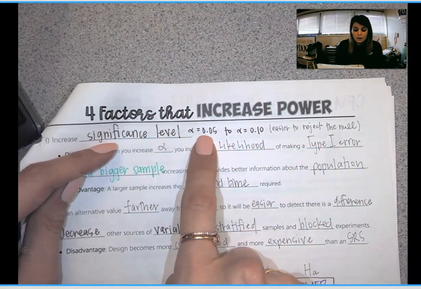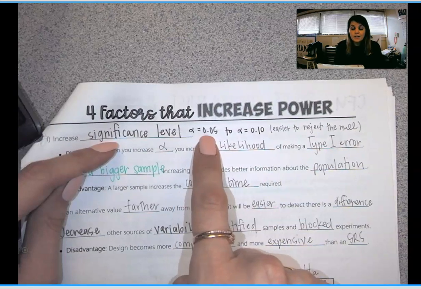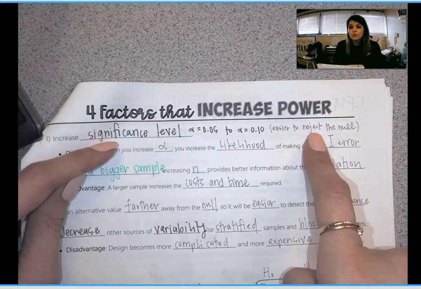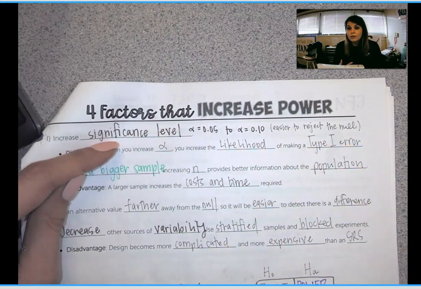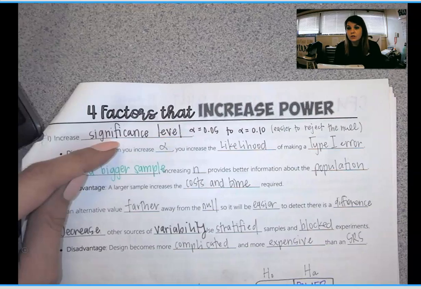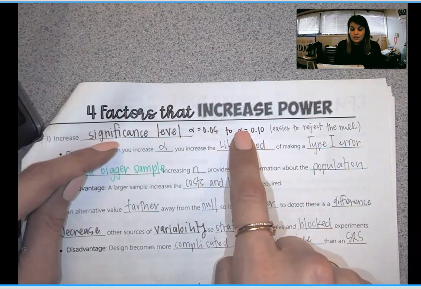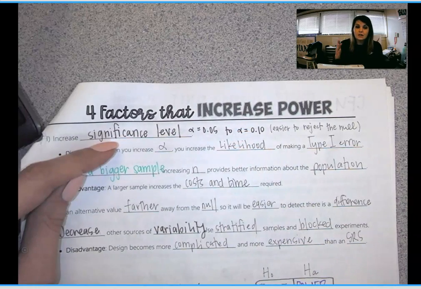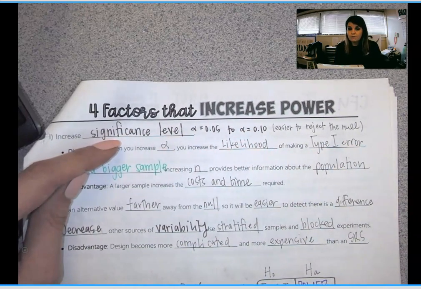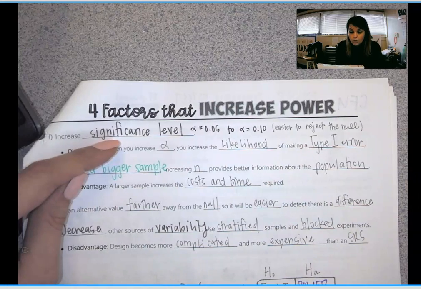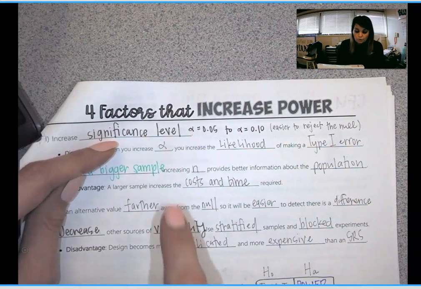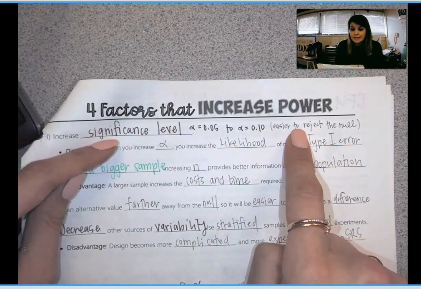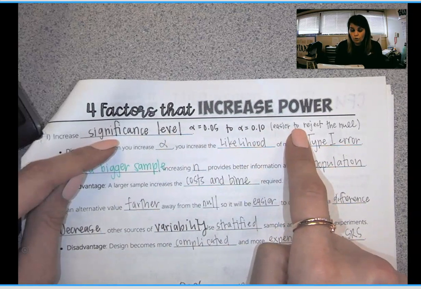So if you make the number you compare it to even bigger, then there's more opportunity for your p-value to be lower than alpha. So if you increase significance level, it's easier to reject the null.